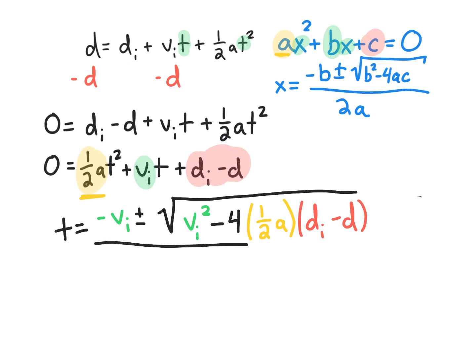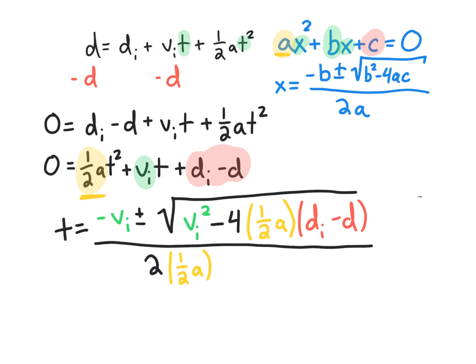The bottom is 2a, so 2 times our a, which is half of the acceleration. And so I should have all of these numbers in my knowns. I'd plug in my initial velocity, I'd plug in my acceleration, I'd plug in my distance and displacement, and that will spit out two numbers.